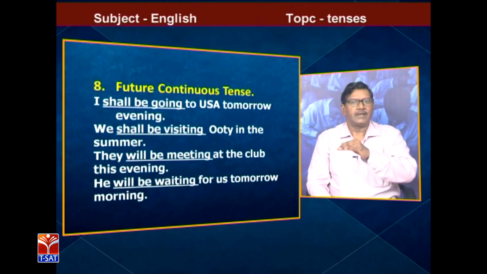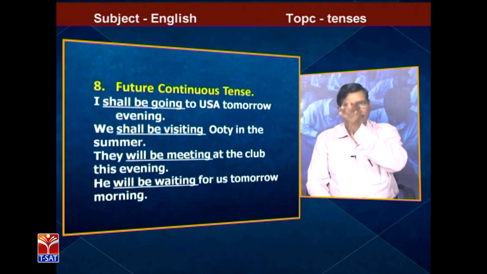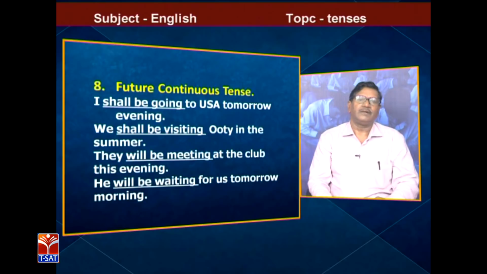They will be meeting at the club this evening. Not now. ఈ సాయంత్రం వాళ్ళు కలుస్తారు. He will be waiting for us tomorrow morning. ఇప్పుడు కాదు, వాడు మా కోసం ఎదురు చూస్తుంటాడు, రేపు ఉదయం.